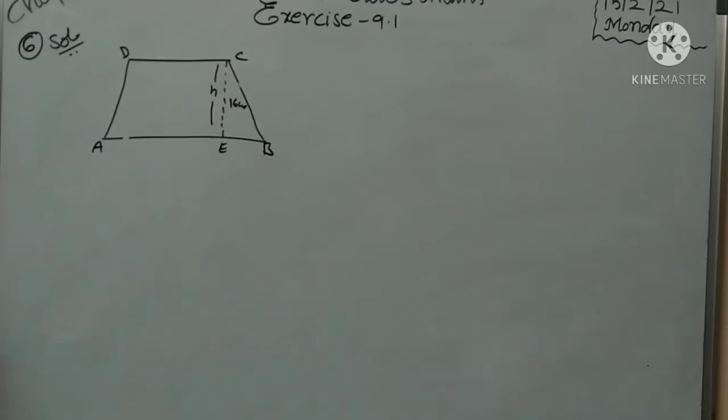The ratio of the parallel sides is 5:3. The parallel sides are AB and CD.